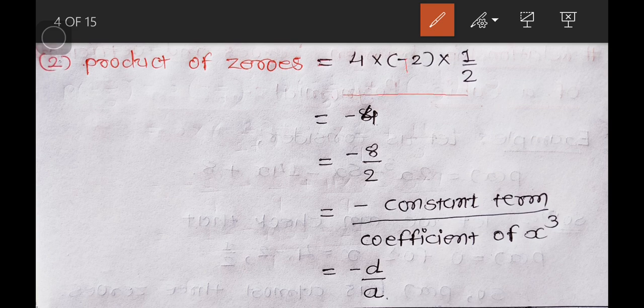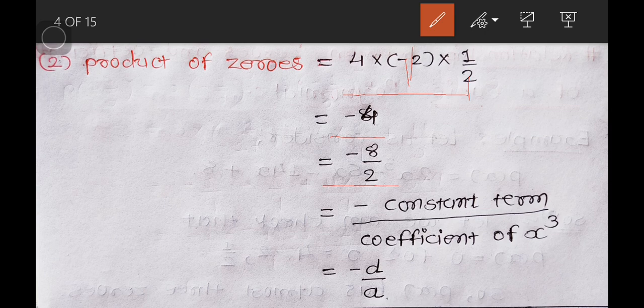Here the 2s will be cancelled. The remaining part is minus 4, and we can write minus 4 as minus 8 by 2. Now we know that 8 is the constant term, the fourth term in the cubic polynomial.